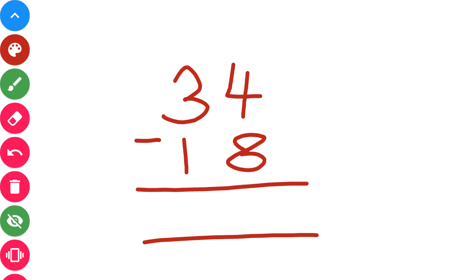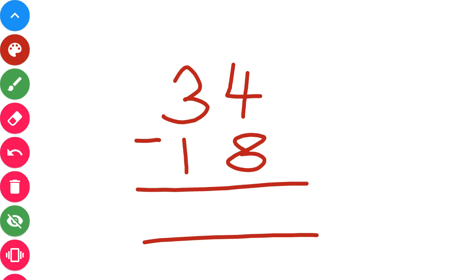We have 4 at the ones place. So can you subtract 8 from 4? Which number is greater? 4 is greater or 8 is greater? 8 is greater. So we cannot subtract 8 from 4. Now what will we do? We will take borrow. This 4 will take borrow from the number given at the tens place. Which number is there at the tens place? 3 is there at the tens place.